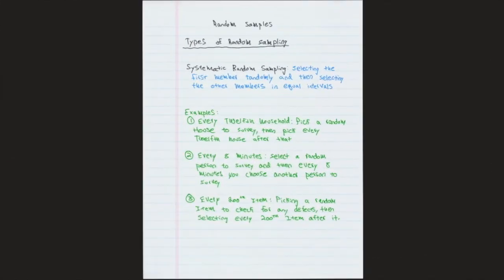The final type of random sampling is called systematic random sampling. This is when you select the first member randomly, and then you select the other members in equal intervals.